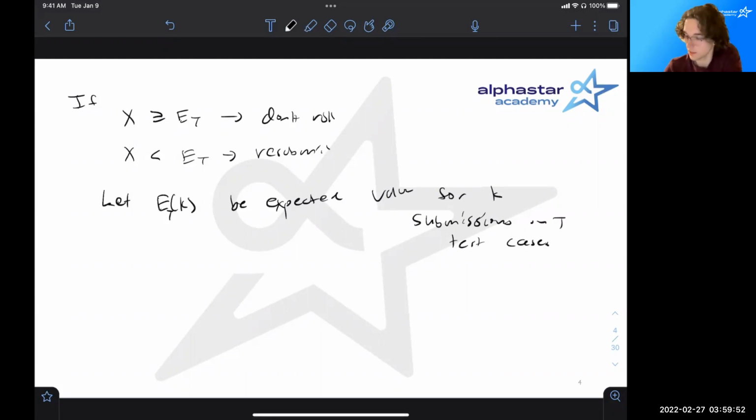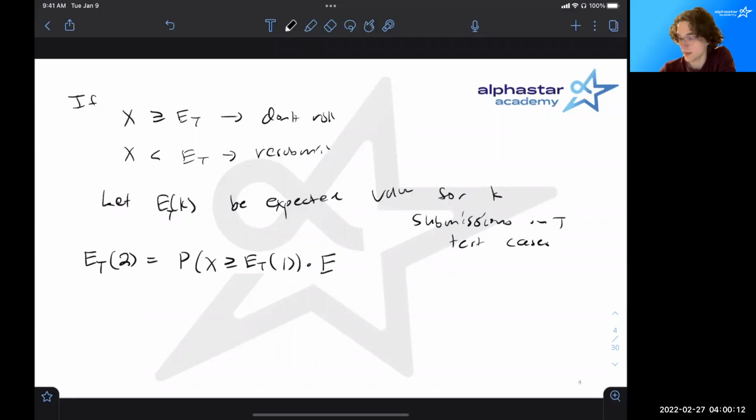If we're going to look at E sub T of 2, this equals the probability x is greater than or equal to E sub T of 1, times the expected value of x given that x is greater than or equal to E_T of 1.